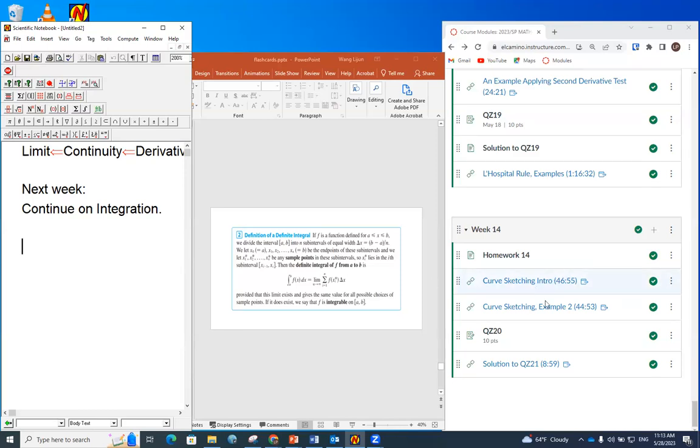You need to study the past material with mindfulness: what definition is being used, what theorem is being used, why I do these specific steps, why I need to take the first derivative when we determine increasing and decreasing, and why we take the second derivative for concavity. All of these are determined by definitions, theorems, and the theories in the flashcards.